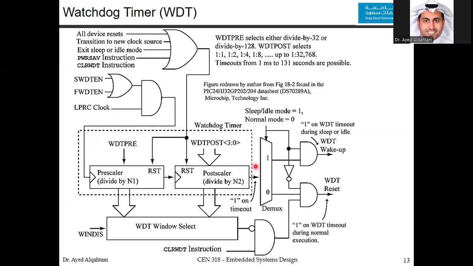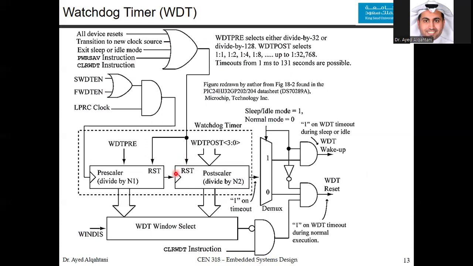It will start from 0 if one of these conditions happens, at least one of them. If you have a reset from any other source, that's one reason to reset the watchdog timer. If you transition to a new clock source, so you were in a frequency and then you change to another frequency, you should recount, or you start again the watchdog timer.